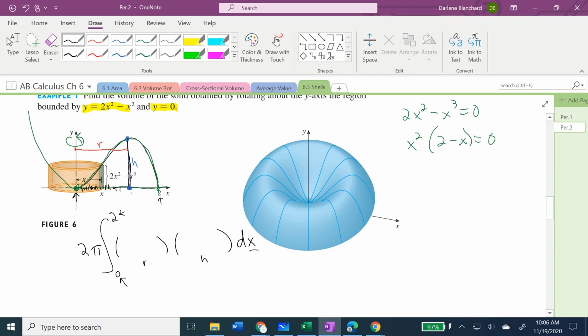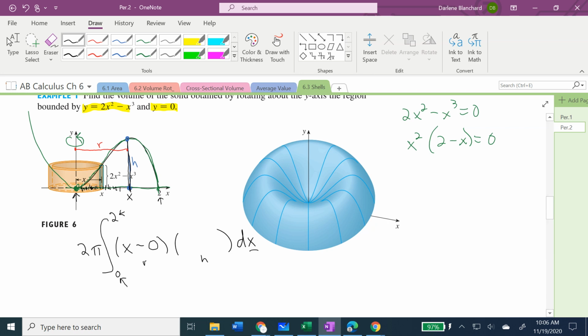When I look at this blue rectangle, it's on some specific x coordinate, somewhere between 0 and 2. The radius is the right x minus the left x. The right x is the actual variable of this integral. The left x is 0, which you don't have to write as minus 0.